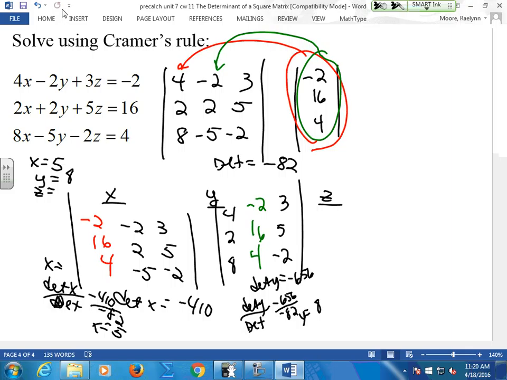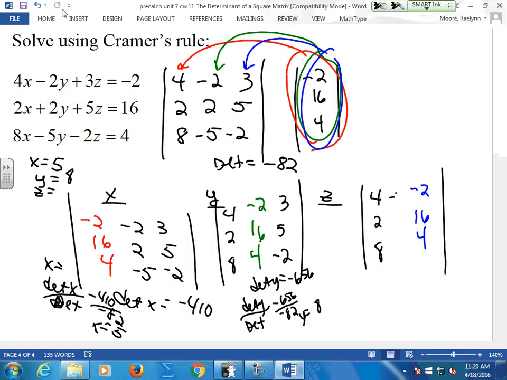And now the last one we're going to do is the z. We're going to take this and replace the z, and bring the other two back to where they were. And find me the determinant of z.